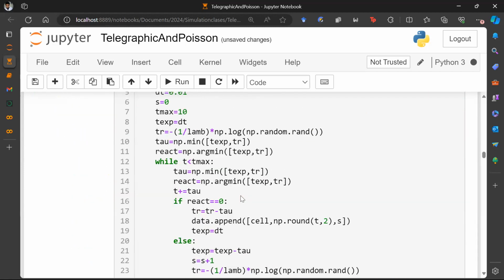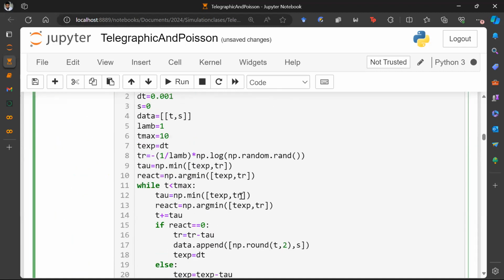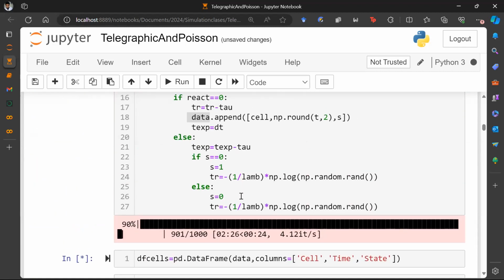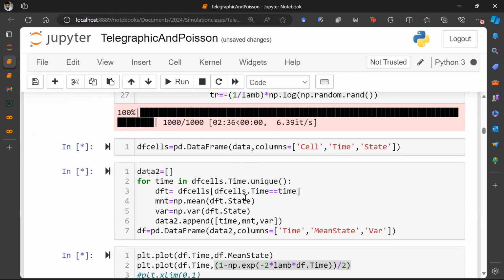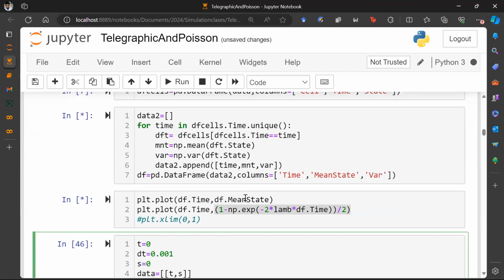Maybe we can discuss next Thursday. But overall, all the simulations are going to have the same structure. You can check what the rest of the code does. You get something like that.